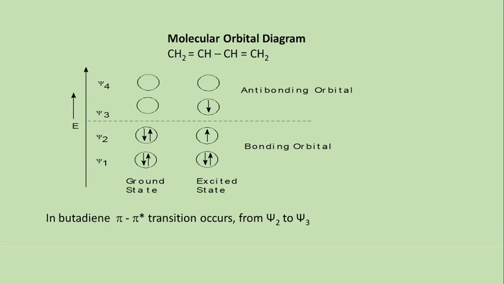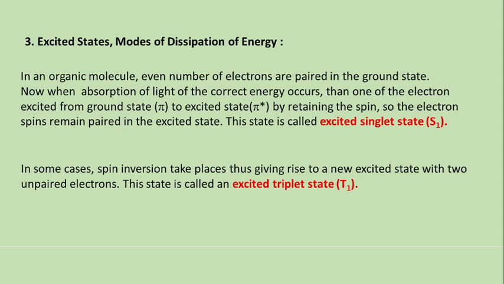We have to see the molecular orbital diagram of butadiene. In butadiene, a pi to pi transition occurs from psi 2 to psi 3 energy levels. That is from psi 2, the bonding orbital, to psi 3, the anti-bonding orbital.